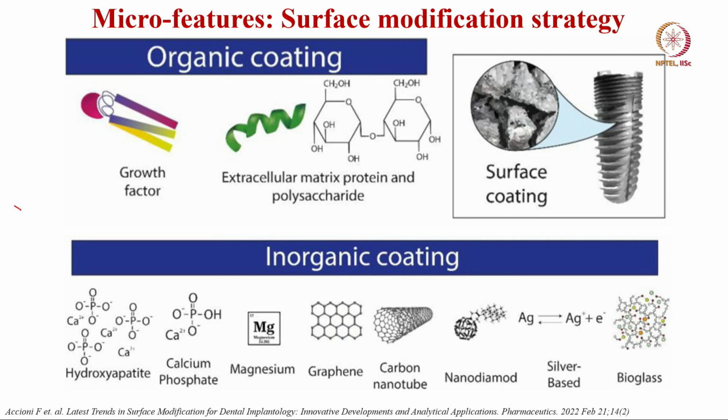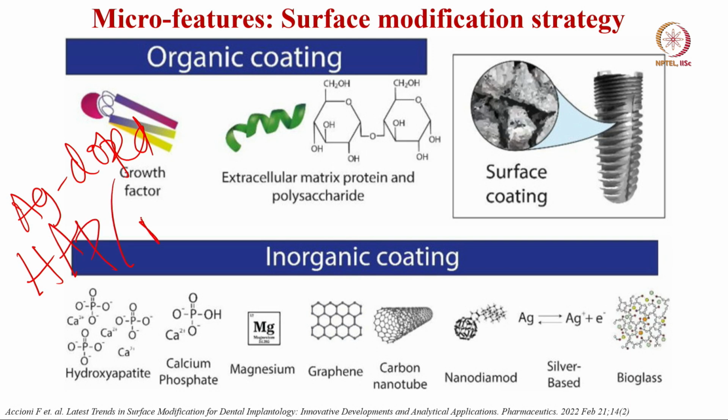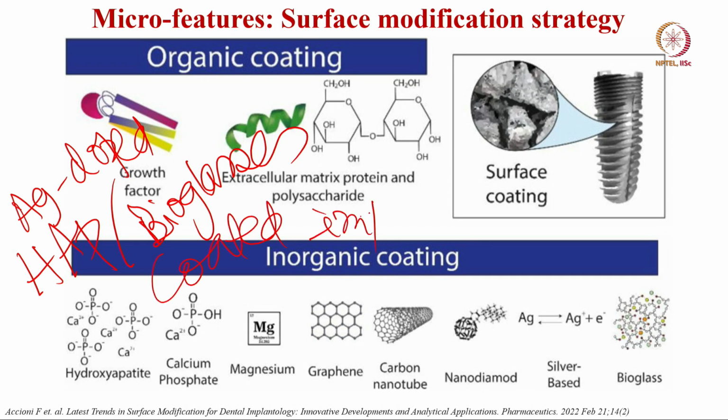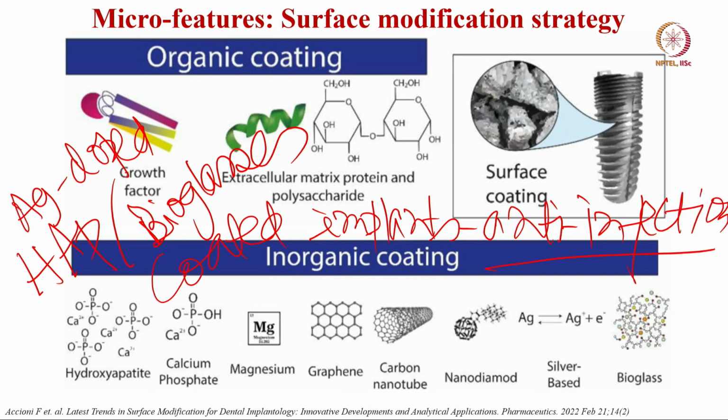What I am trying to say is that the silver doped hydroxyapatite or bioglass coated implants can be used for anti-infection purpose, because this should have antibacterial properties and therefore it can be used for anti-infective dental implants.